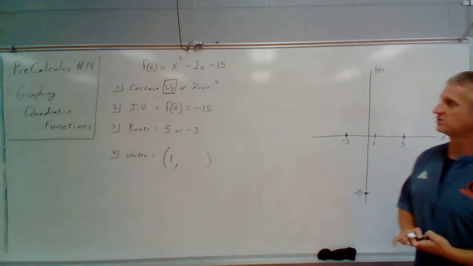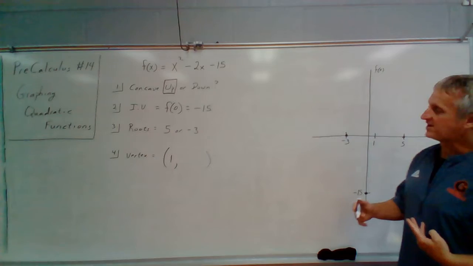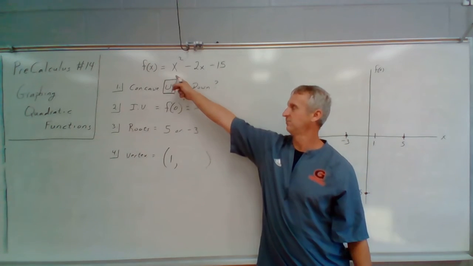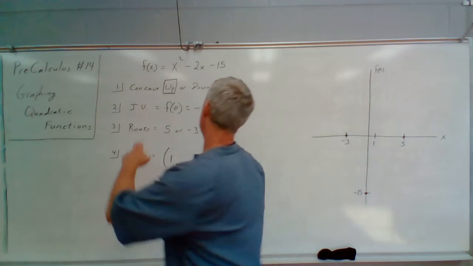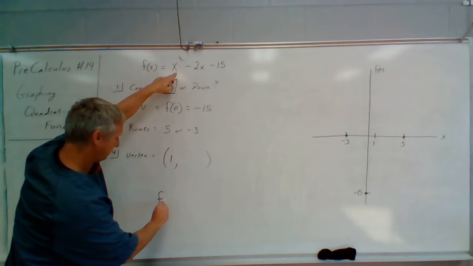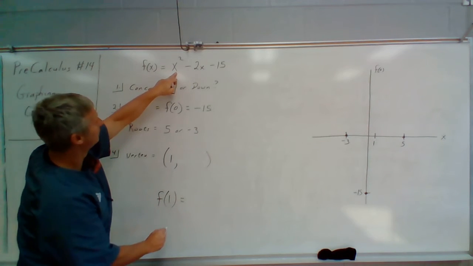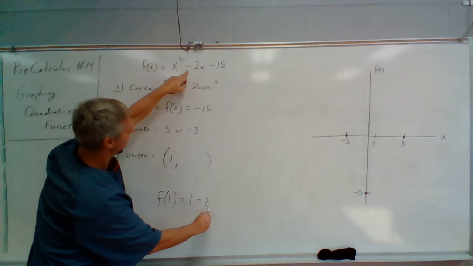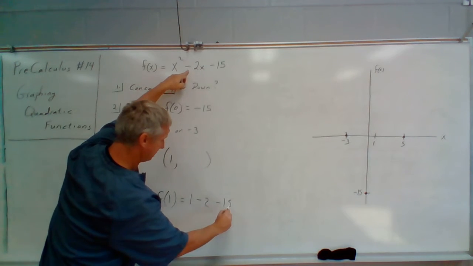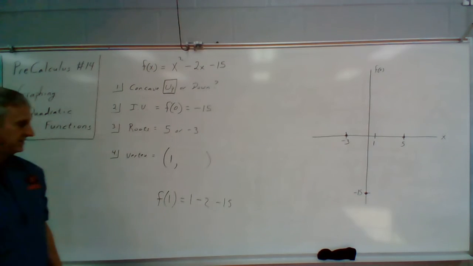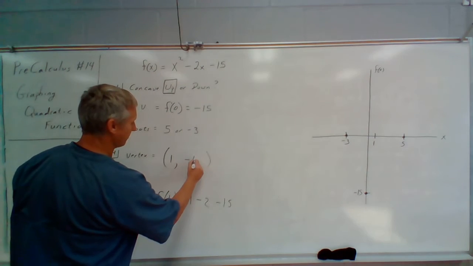Where's the y-coordinate of my vertex? If I know the x-coordinate, I can figure out the y just by plugging 1 in for x. So f of 1 would be 1 squared, which is 1, minus 2 minus 15. 1 minus 2 is negative 1. Negative 1 minus 15 is negative 16.